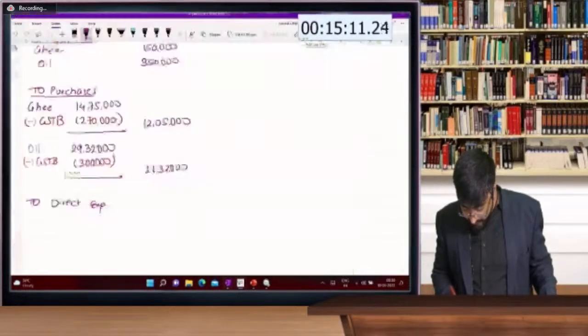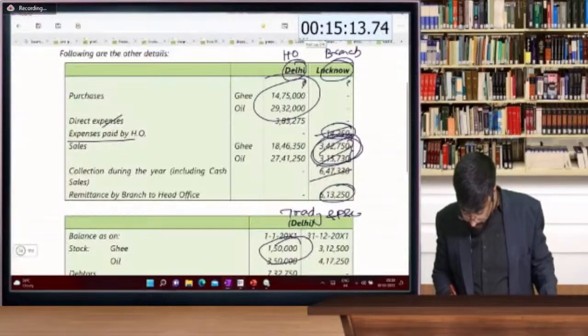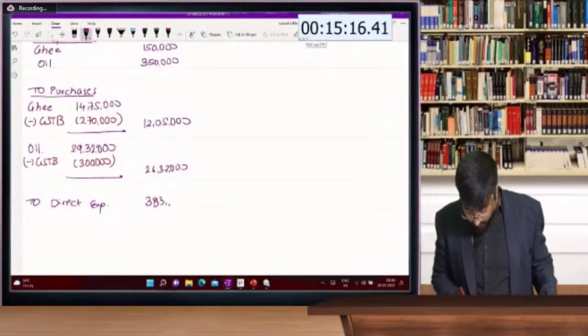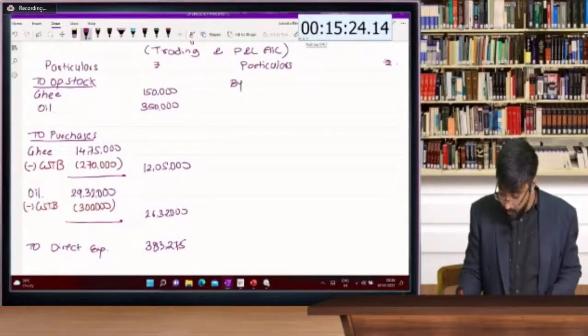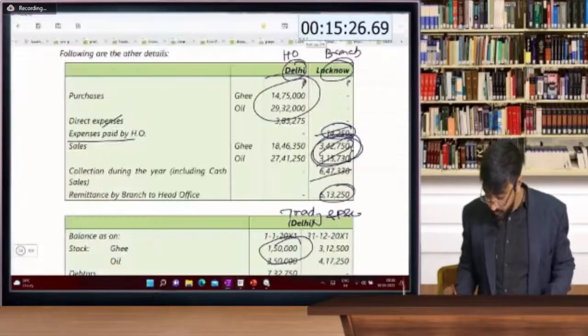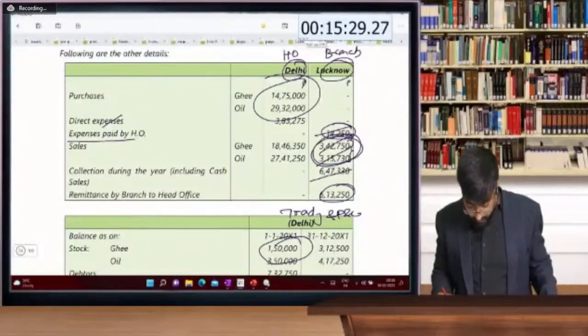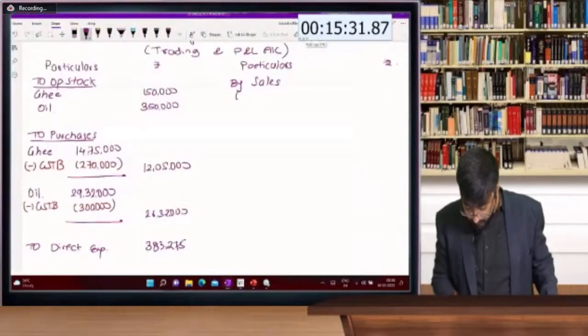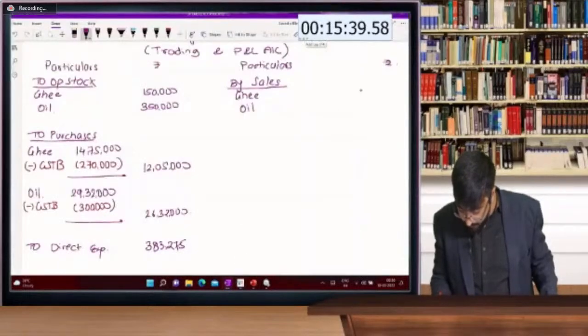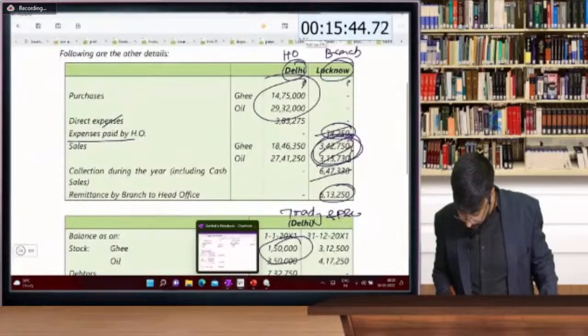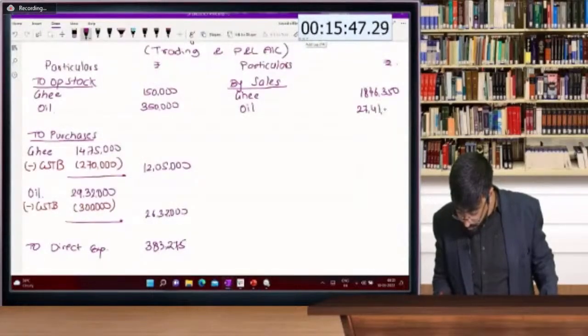To direct expenses 383,275. By sales, ghee oil 1846 350, oil 2741 250.